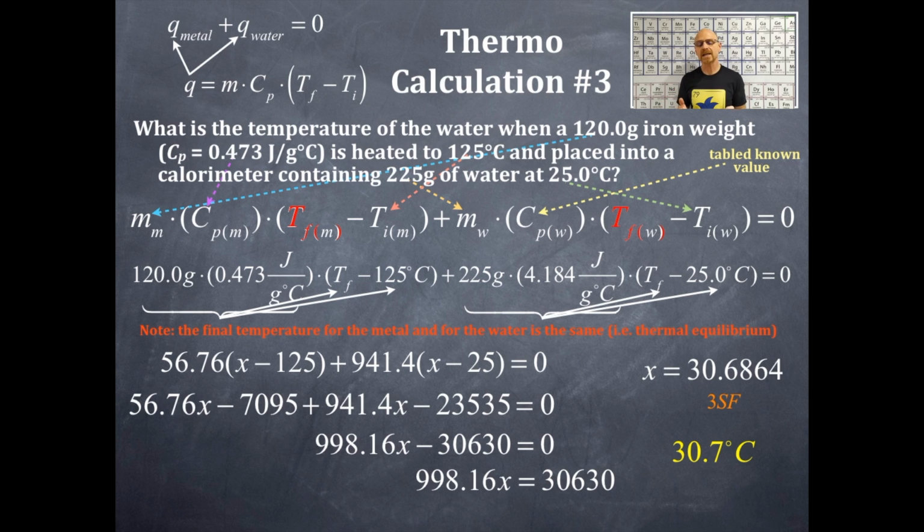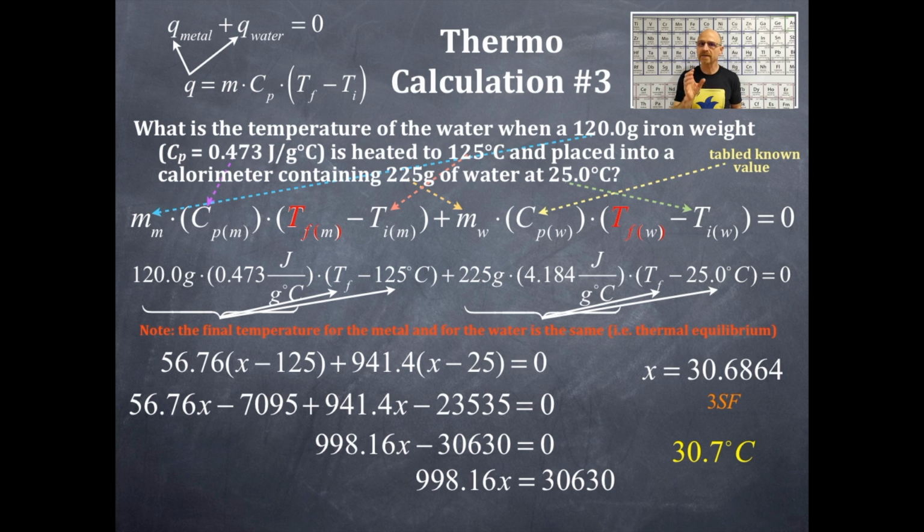Furthermore, you should be thinking about the product of the mass and the specific heat, and that will give you a relative idea of where this number belongs between the 25 and the 125. So a number in between 25 degrees Celsius, the initial temperature of the water, and the initial temperature of the metal at 125, somewhere in that range would make sense. The 30.7 is in there.